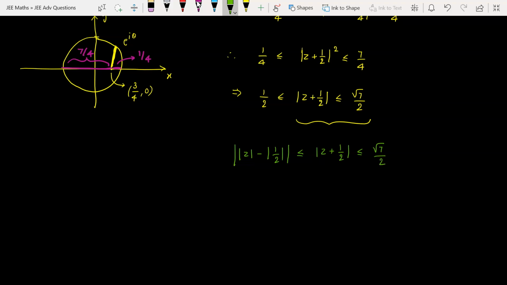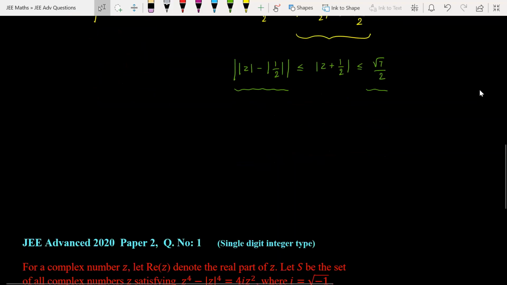So considering this, we have modulus of z minus half is less than or equal to root 7 by 2. Simplifying, we get minus root 7 by 2 less than or equal to mod z minus half less than or equal to root 7 by 2.